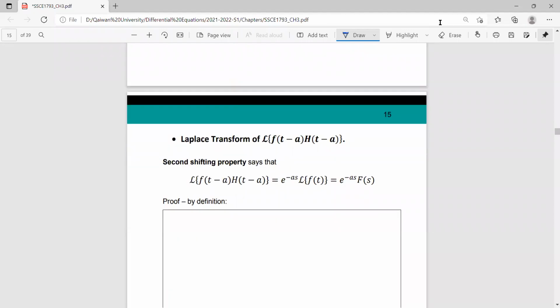And we now have the Laplace transform of this form of functions.